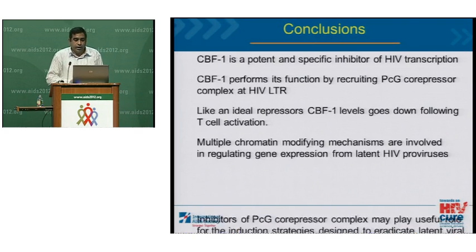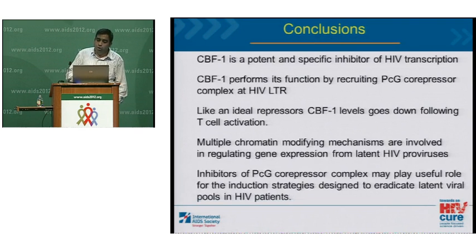And interestingly, the inhibitors of polycomb group co-repressor complex may play a useful role for the induction strategies designed to eradicate latent viral pools in HIV patients. So in other words, instead of targeting individual epigenetic modifications in order to reactivate latent provirus in our shock and kill strategy to eradicate HIV virus, we can target the complexes, for example, the polycomb group co-repressor complex.